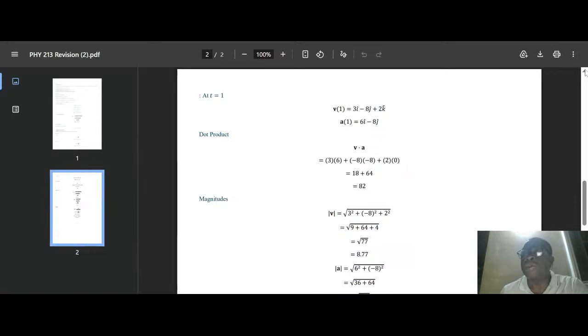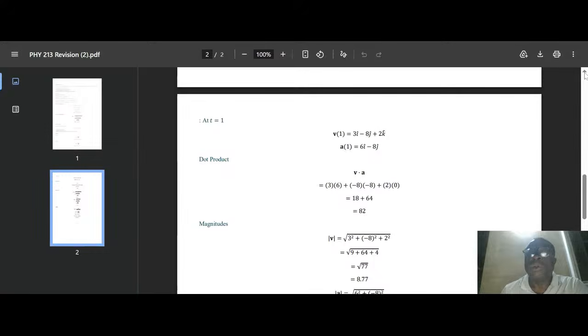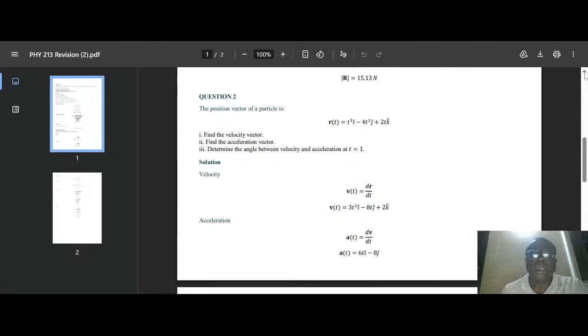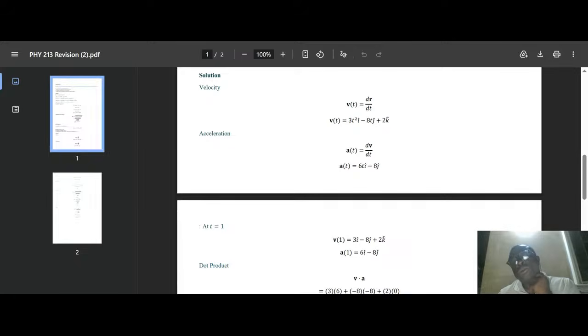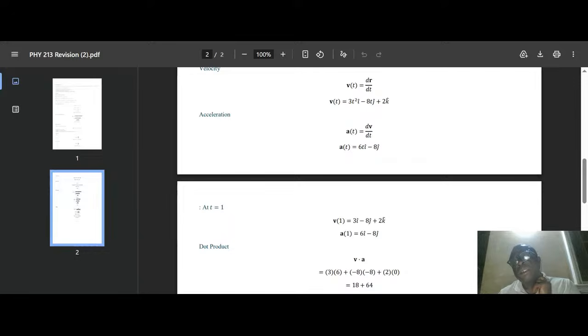We are asked to find the angle between the velocity and the acceleration at t equal to 1. At that point, we evaluated and got 3i minus 8j plus 2k for velocity, and 6i minus 8j for acceleration.